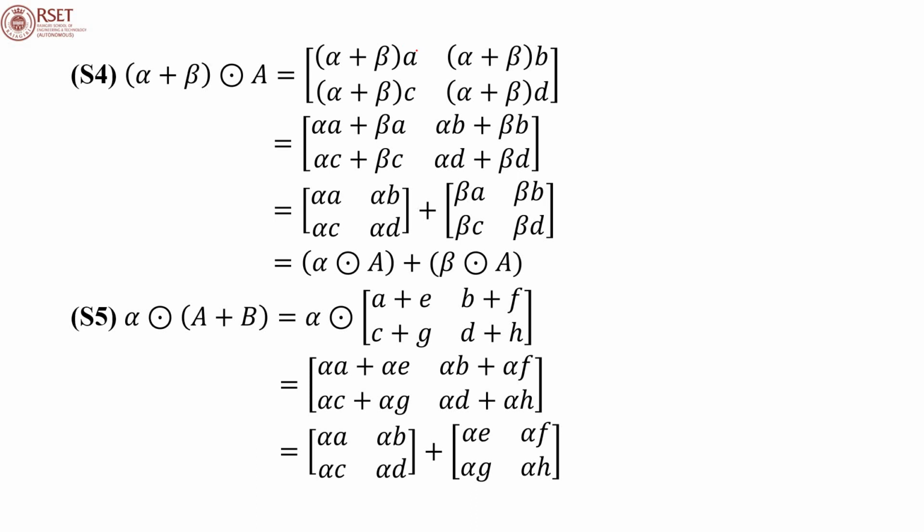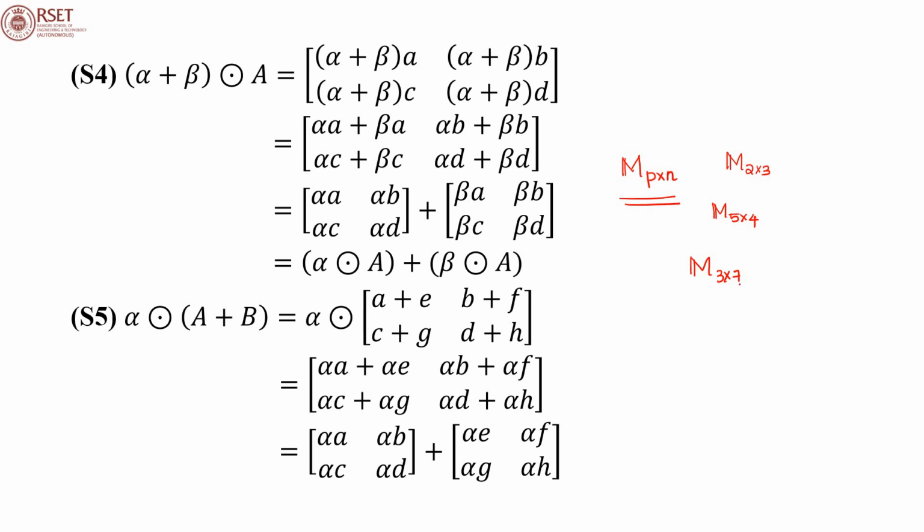In general, we can easily prove that Mp by n, which is the set of all p by n matrices, is a vector space under regular matrix addition and scalar multiplication. That is, in particular, M2 by 3 is a vector space, M5 by 4 is a vector space, M3 by 7 is a vector space.